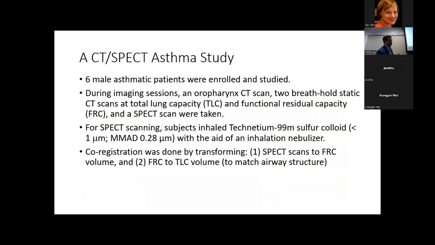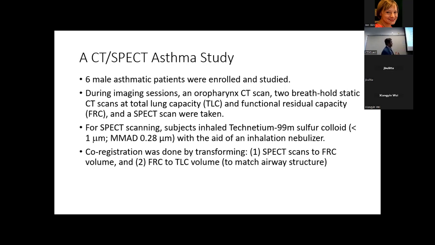Because of funding restriction, we only recruited 6 male subjects because cluster 4 is male dominant. So we compare results from cluster 1 and cluster 4. We recruited 3 subjects for cluster 1 and 3 subjects for cluster 4. We acquired this image data, and the particle size is less than 1 micron.